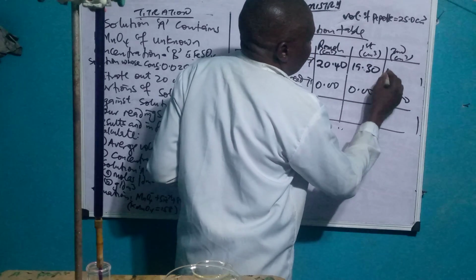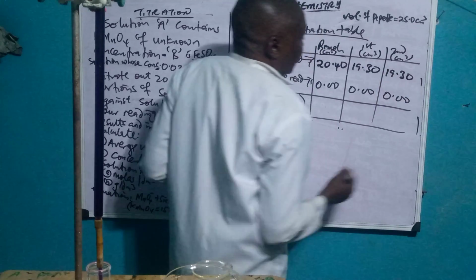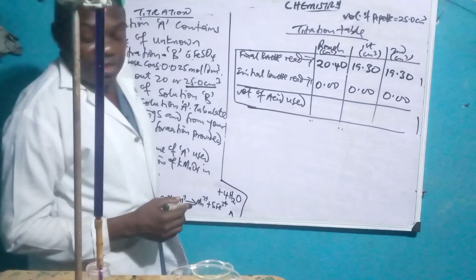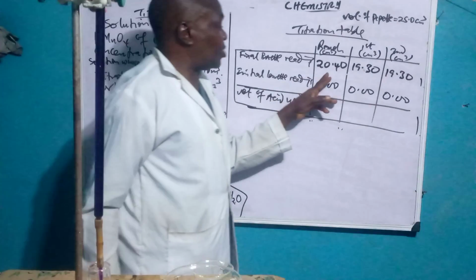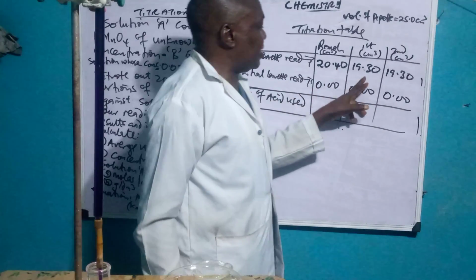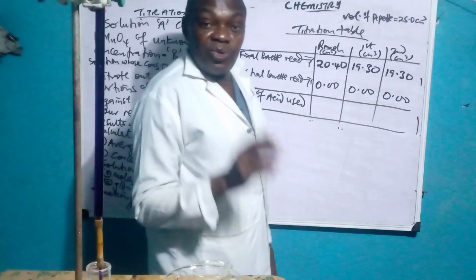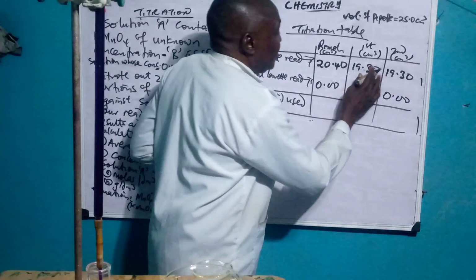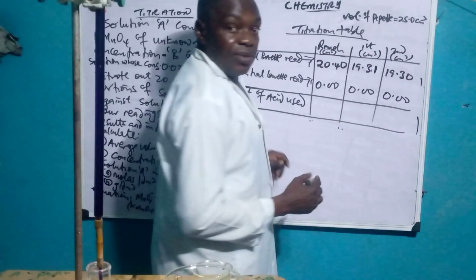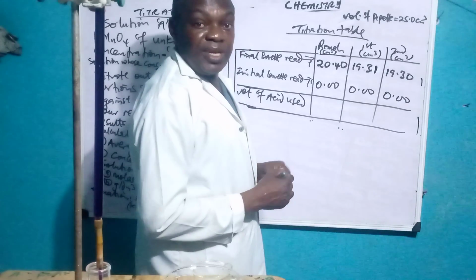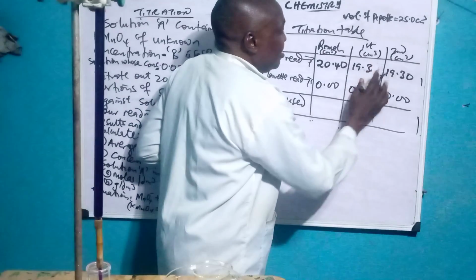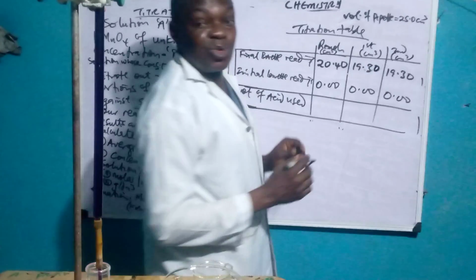So let's say the second one is 19.30. This is how you draw your titration table. See the first one, 20.40, the other one, 19.30, 19.30. On no condition must you write 19.31, because there's no calibration like that. It's actually 19.3, but you make it 2 decimal places so that you score all your marks.